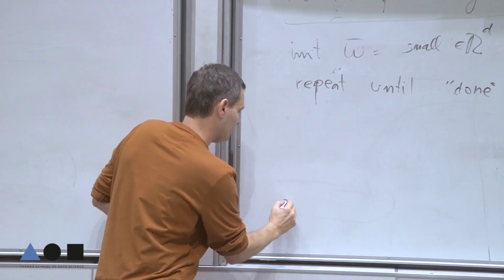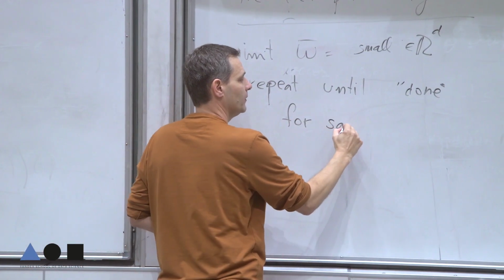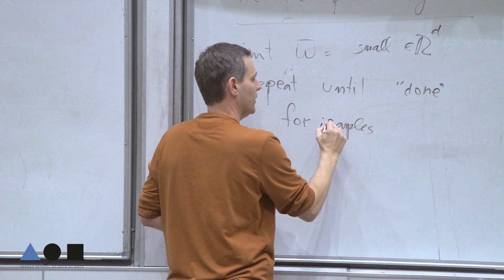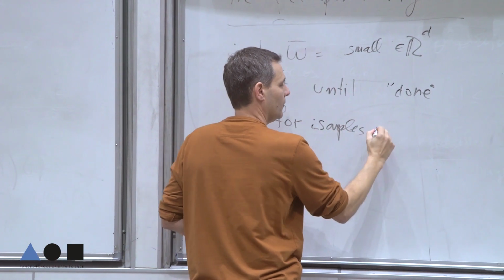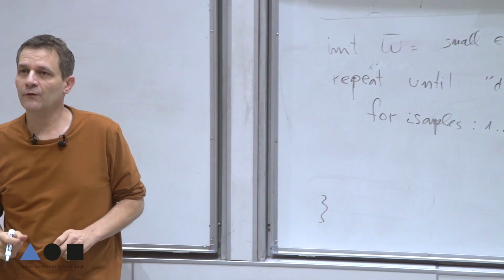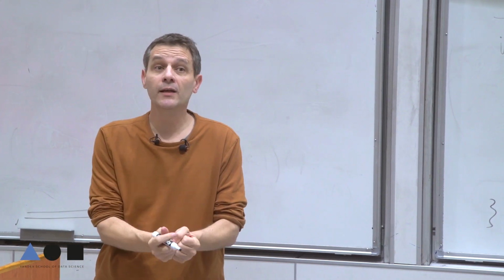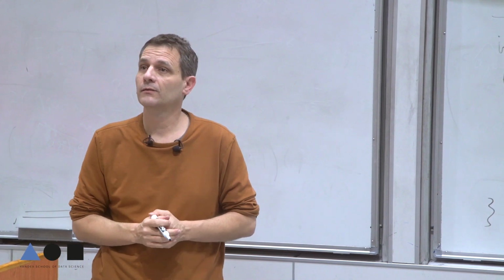And then what you do is you go over the samples, let's say from 1 to n. For each sample, you check if it is already correctly classified.